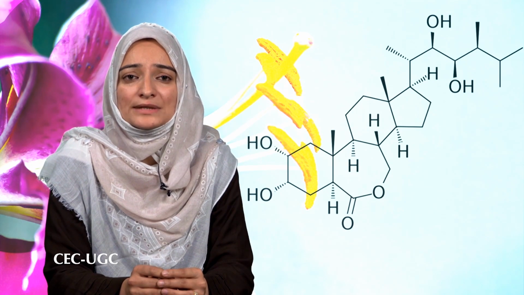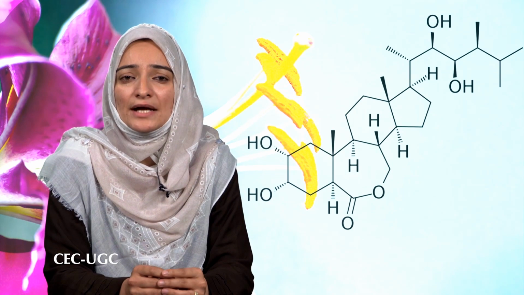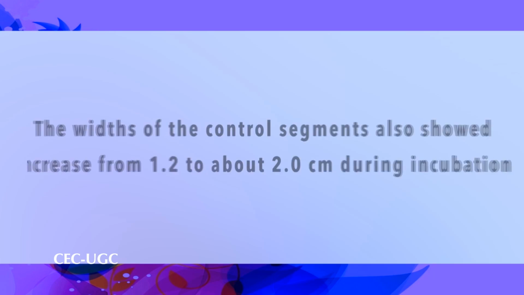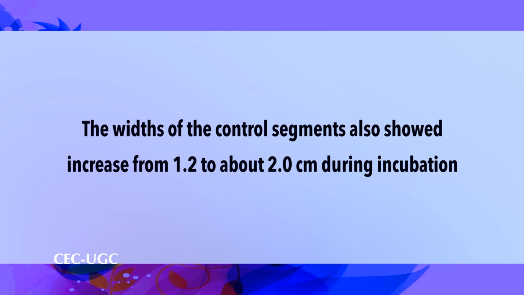The unrolling of the leaf segments was determined by measuring their widths with calipers. The widths of the control segments also showed increase from 1.2 to about 2 cm during incubation.